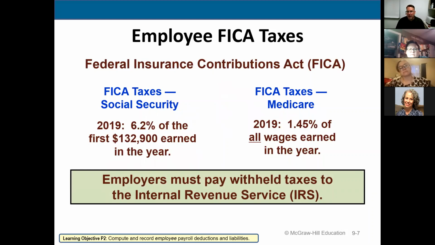You can tell how often I actually deal with payroll in real life. 6.2% of the first $132,900 earned in the year. For what we're doing in this book, these are the numbers we'll use. And then Medicare taxes are 1.45% of all wages, regardless of how much a person earns. So employers have to withhold this from the employee's pay.